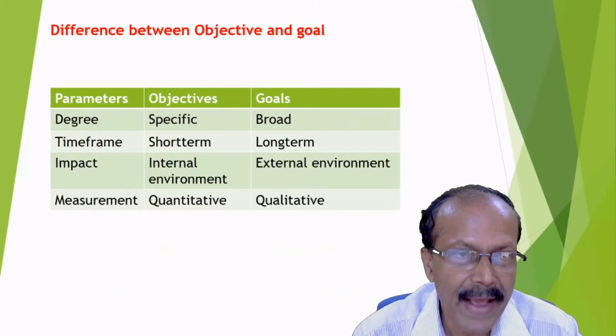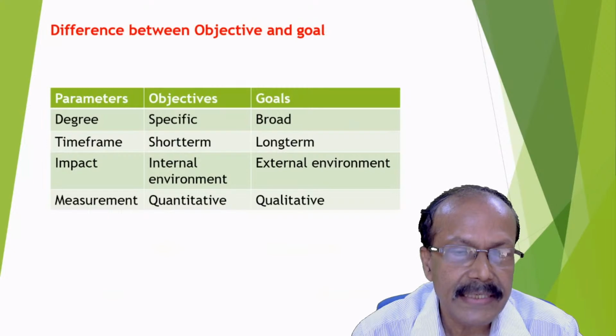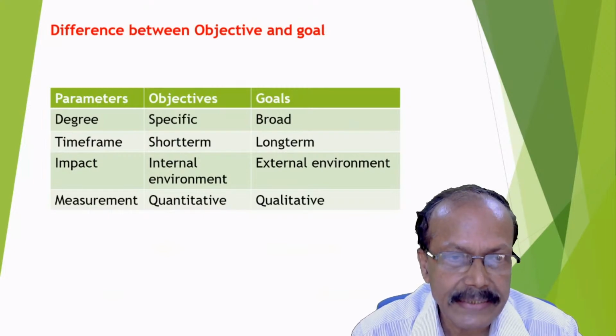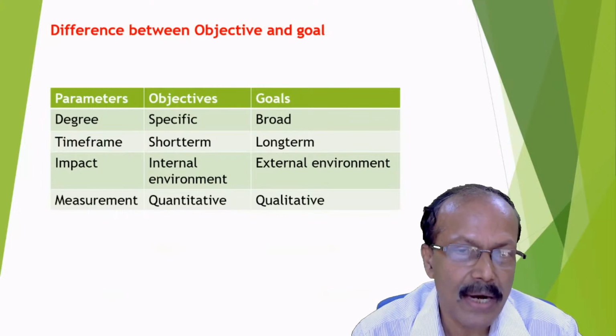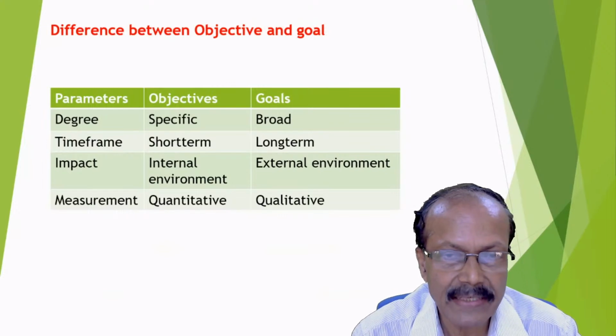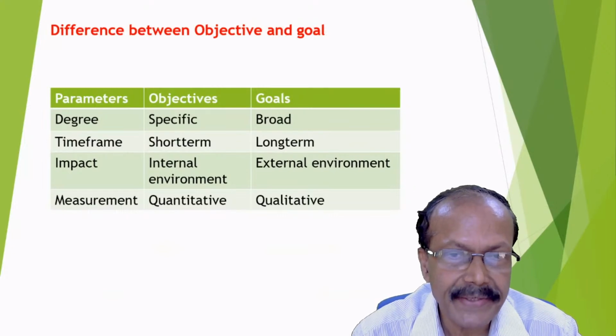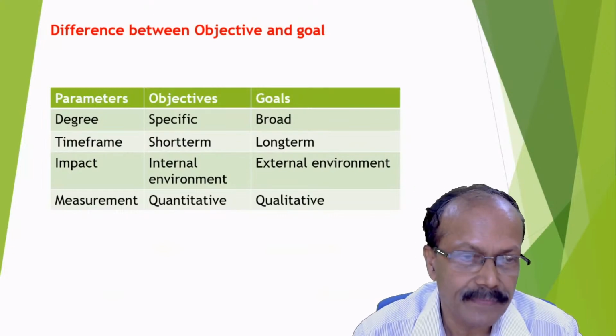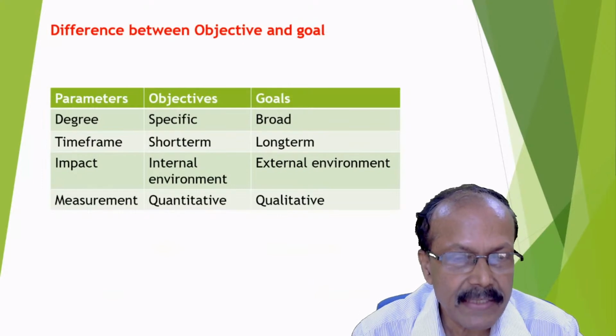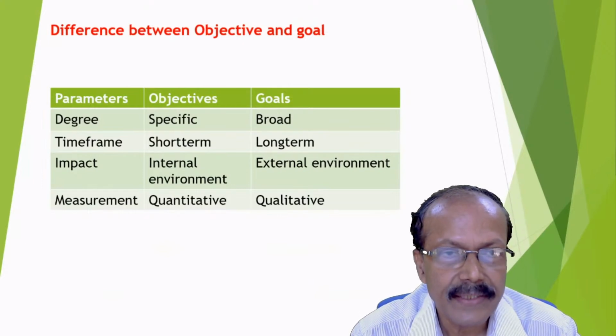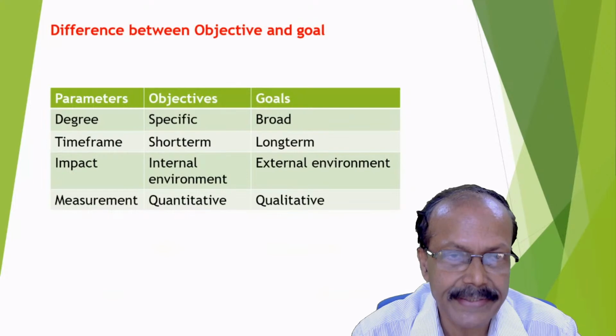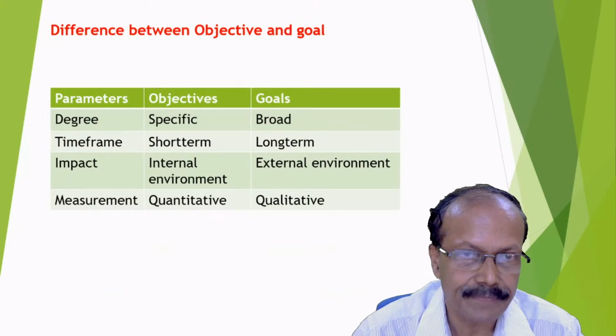And if you see the impact, the objectives relate to the internal environment, whereas with respect to goals, the impact is on the external environment. If you see the measurement, objectives are mostly quantitative, whereas goals are qualitative in nature.